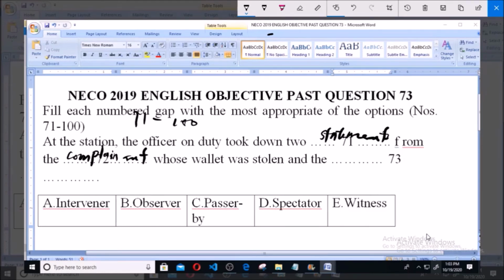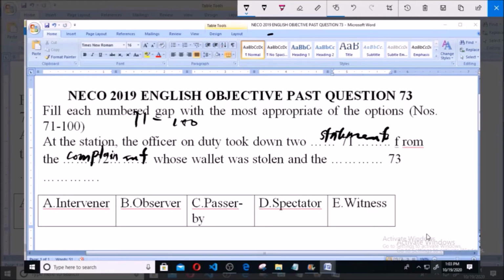So at the station the officer on duty took down two statements from the complainant whose wallet was stolen and the dash. Option A, intervener; B, observer; C, passerby; D, spectator; E, witness.